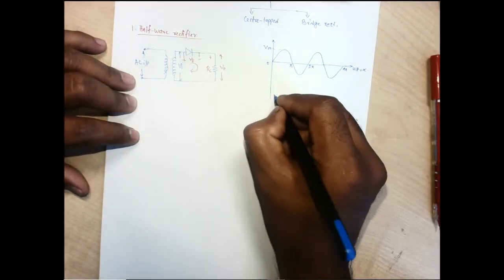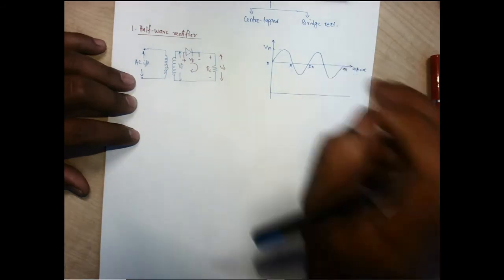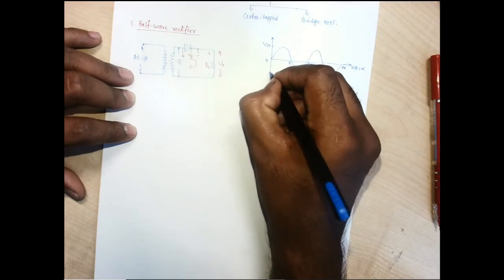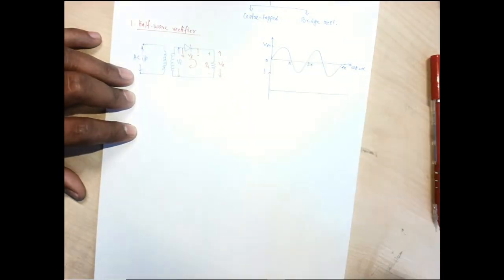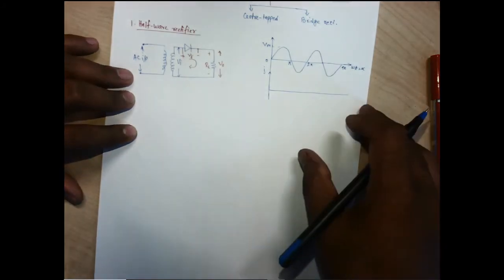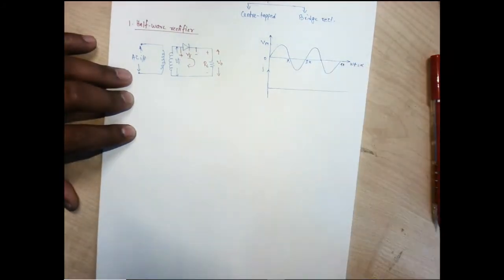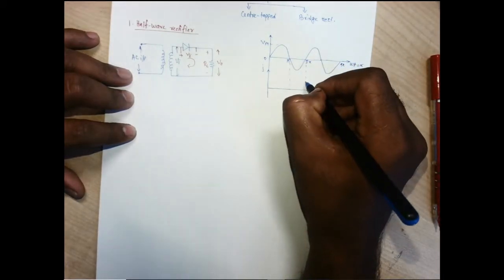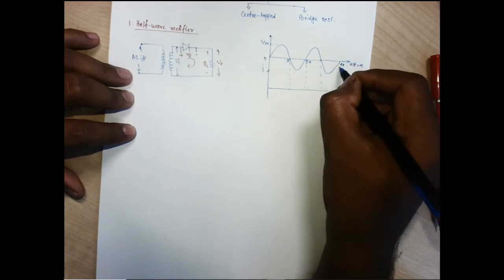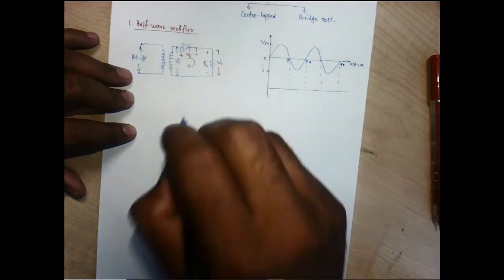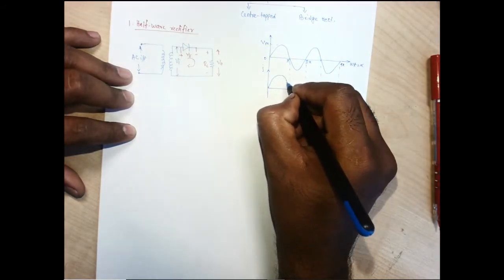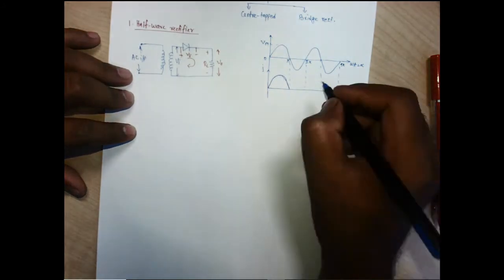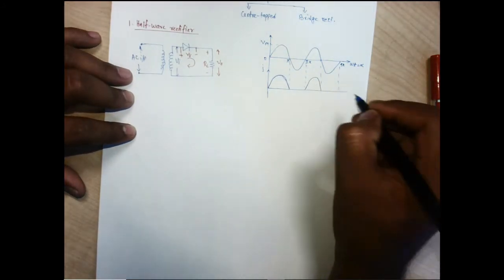Now we find the output available for this kind of input. Let us consider the output in terms of current. I will tell you why I am considering the current here, though we have plotted the voltage waveform as the input. For this we will have only half of the input as the output. So for this kind of circuit, this is the first half, this is another half, and like this.